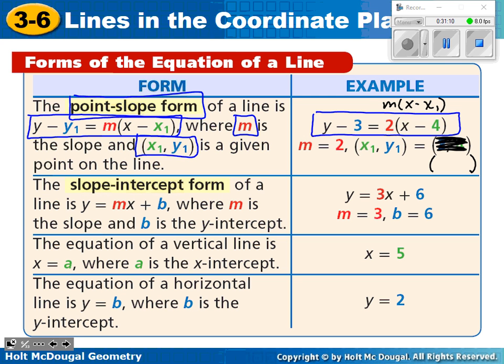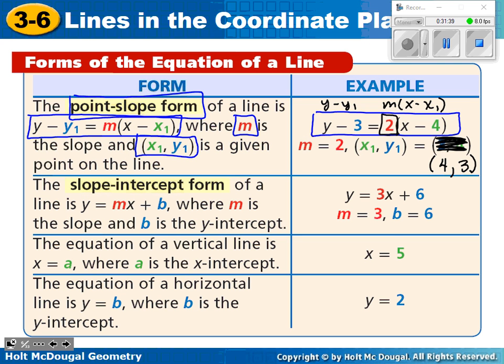What is x1? 4. So that should be 4 comma. Notice it has a negative, but it's not negative 4. The negative is from the formula. The 4 is the x1. And then come over here. This is y minus y1. So what is our y1? 3. So when you pick out your point, you're going to change the signs because the formula has minuses in it. And then your slope is just the number in front, 2.